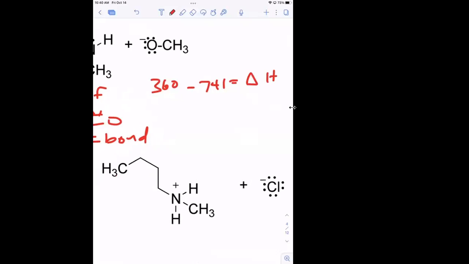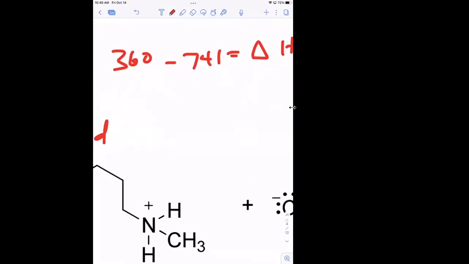Delta H, what is that? 381. Negative 381. Is that right?